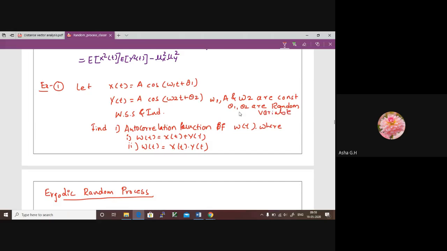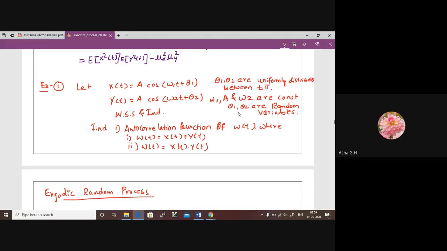Theta 1 and theta 2 are uniformly distributed over plus or minus pi. Please make a note here.